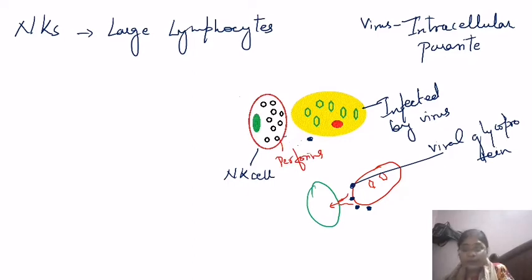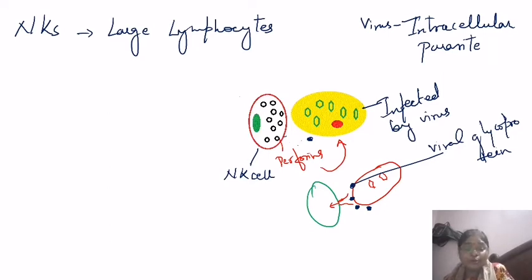Now what will these perforins do? They will make holes in this virus infected cell, and they will swell that cell and make that cell die. Not only will that cell die, but all the virus will die.